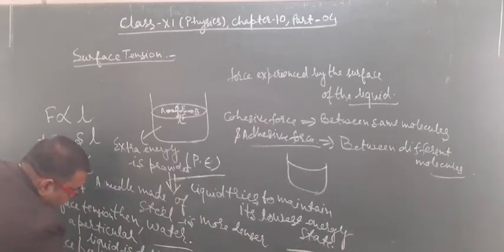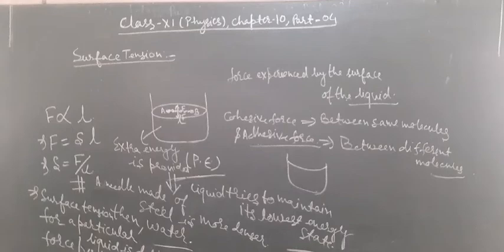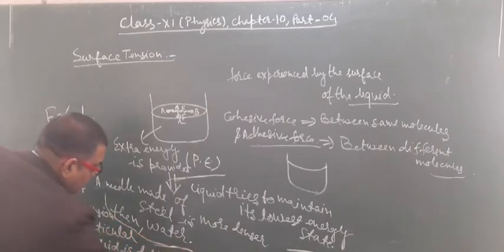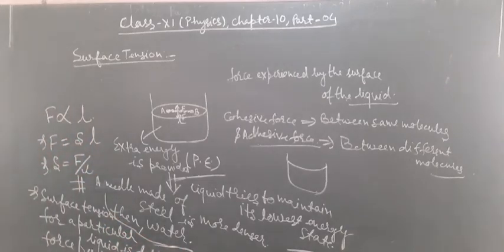It can be defined as force per unit length. So surface tension for a particular liquid is defined as force per unit length.